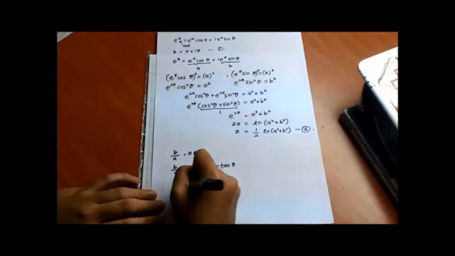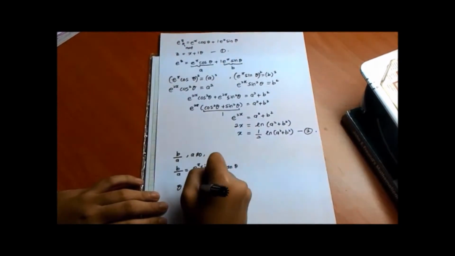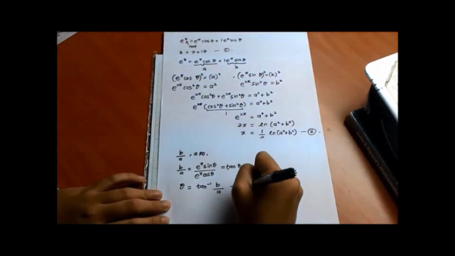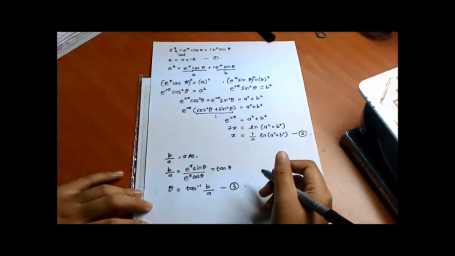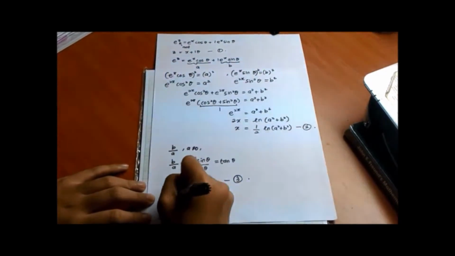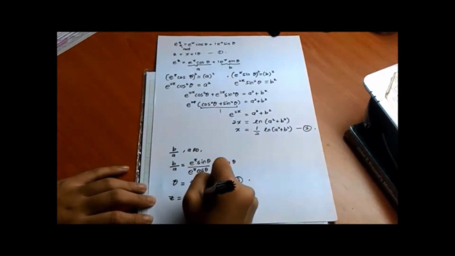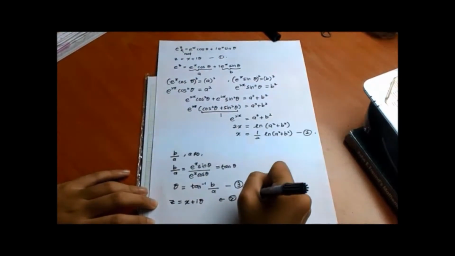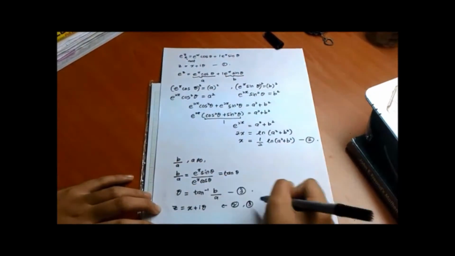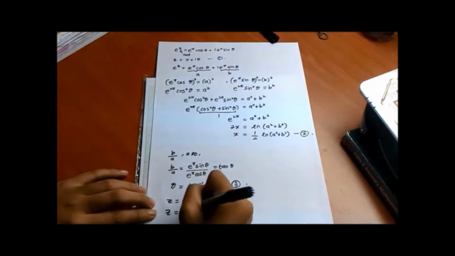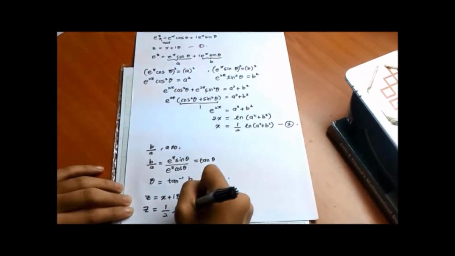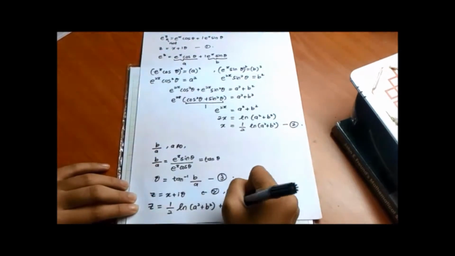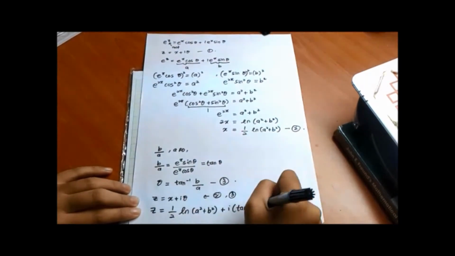So theta is equal to arctangent b over a. So this is our third equation. Next, we derive the formula z is equal to x plus i theta. So we put equations 2 and 3 into this equation. So we will get z is equal to 1 over 2 ln(a squared plus b squared) plus i arctan b over a.